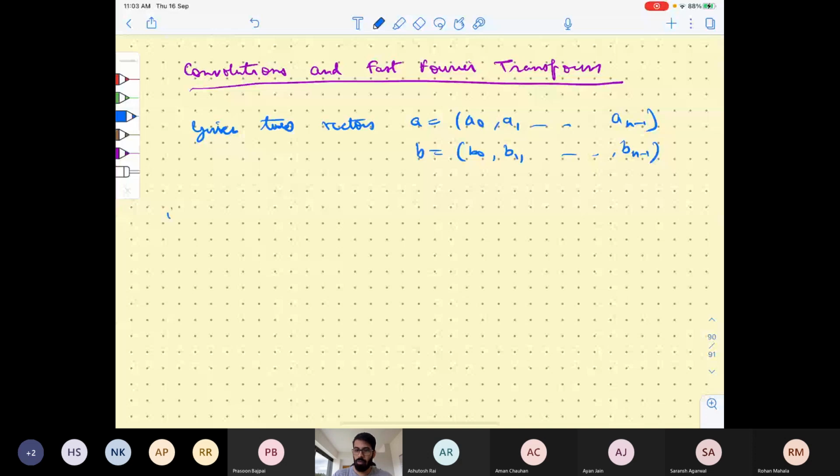We have seen the vector addition A plus B, which gives a new vector with A0 plus B0, A1 plus B1, up to An minus 1 plus Bn minus 1 as the coordinates, or you can do the inner product, which is A0 B0 plus A1 B1 plus and so on up to An minus 1 Bn minus 1. These are two ways, but there is another way that we will see.